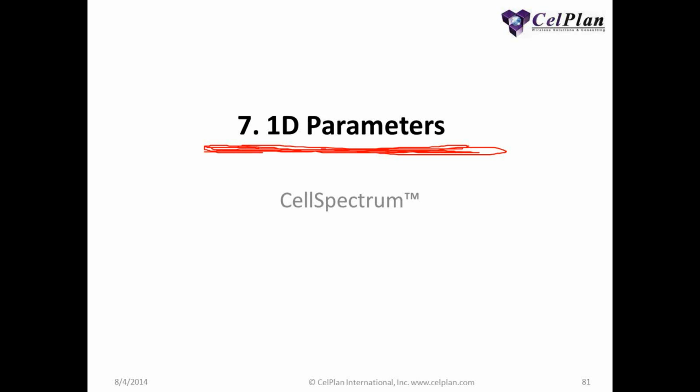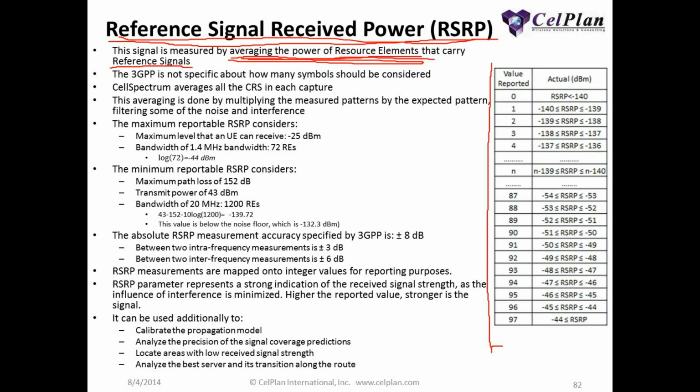One thing that is very important to note is that the RSRP is averaged per resource element. So it only measures reference signals, and it indicates the power for one resource element. 3GPP provides a table that maps RSRP to values.